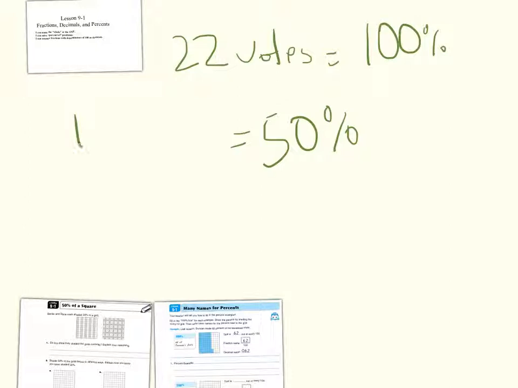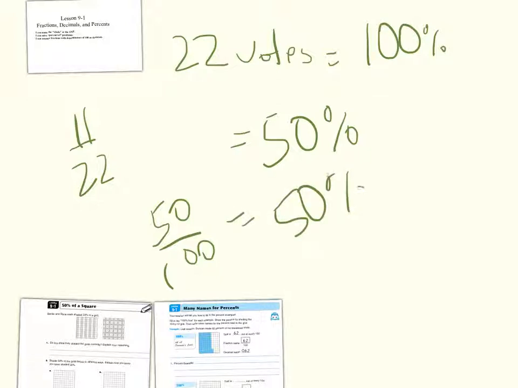Hopefully you all said 11 out of 22, because that would equal 50%. So we would say that 100% of the votes, which would be 22, he got half of them, which would be the same as 50 out of 100.